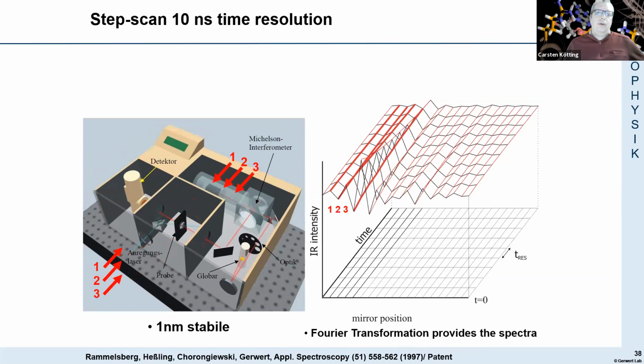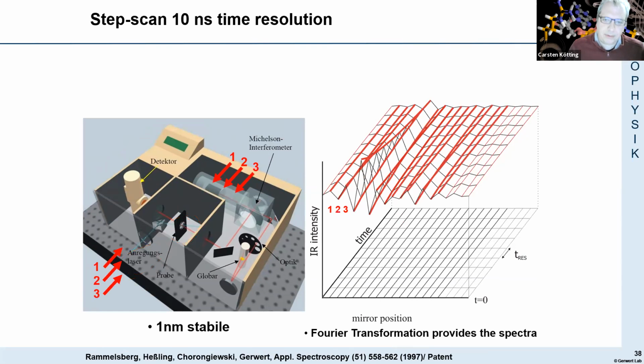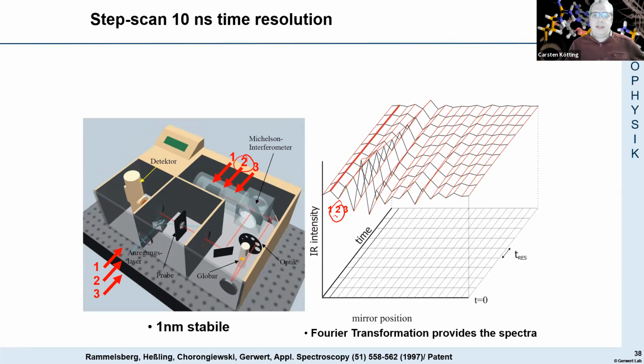If you want to measure faster, most of you probably know the step-scan technique, where you fix your moving mirror in a certain position, then you do a time-resolved experiment, then you move to the second position, and you do the same experiment under identical conditions in the second position, and so on.